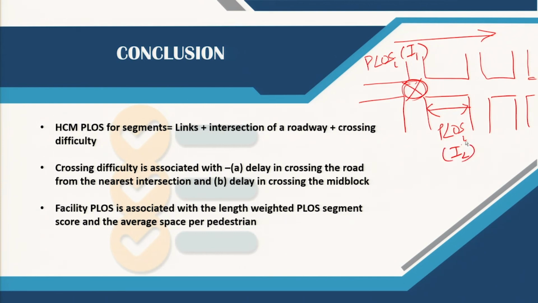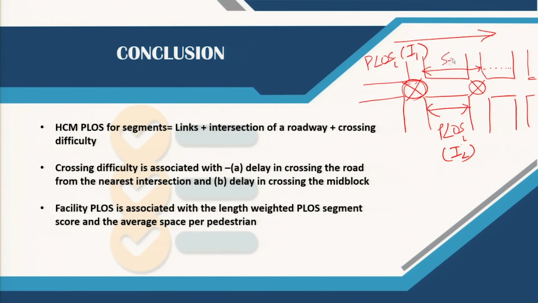Now, if you are looking at a link plus the downstream intersection, given that this intersection is also signalized, right. If it is not signalized, then you have to carry it on to the next signalized intersection. So, say that this is the next signalized intersection.